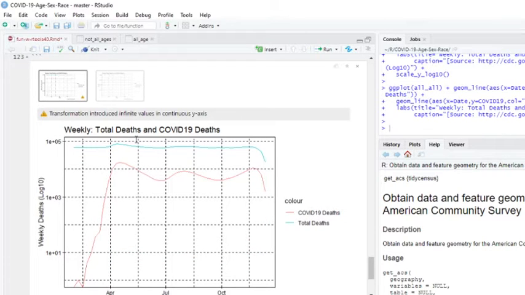Now let's look at the total deaths and COVID-19 deaths here. Okay, this is a log 10 function.